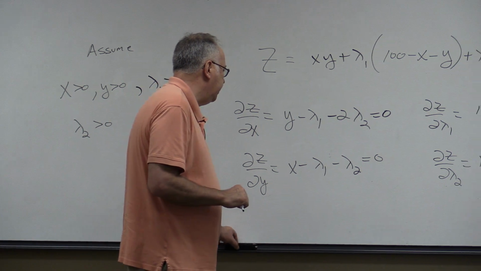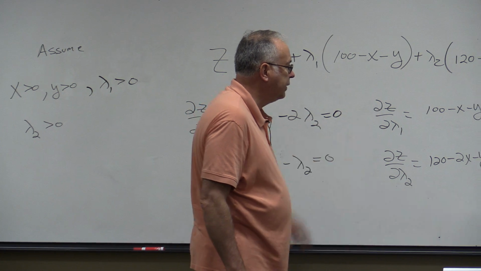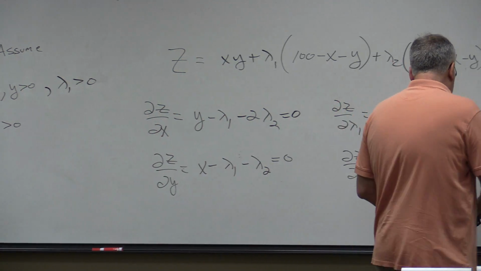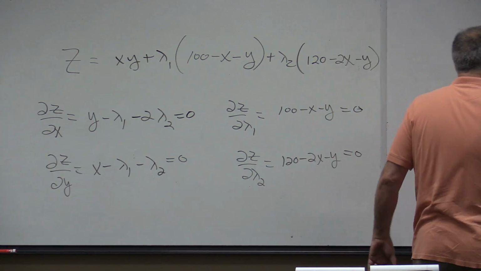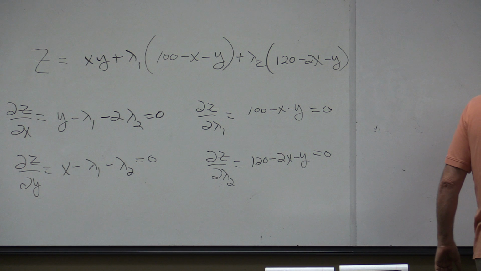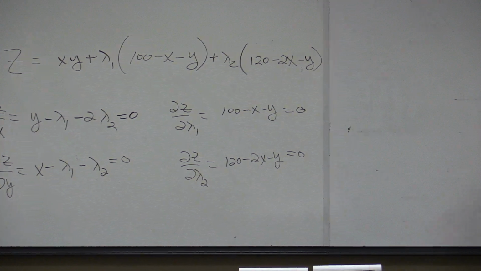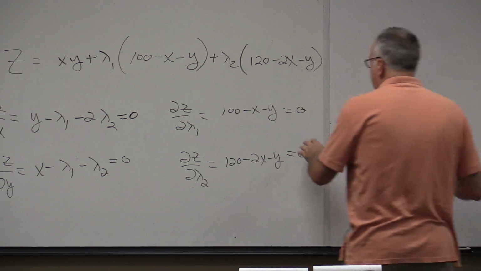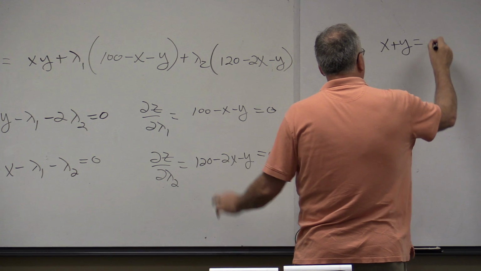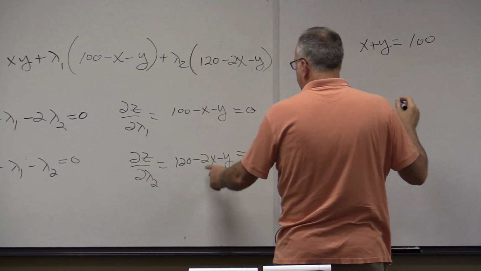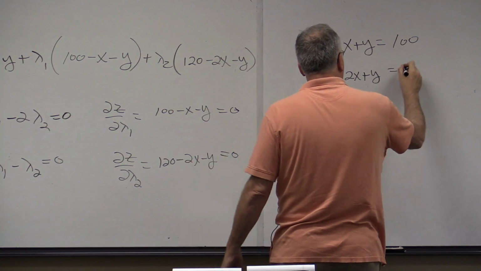From these two equations, notice you could solve for x and y. Let's just use Cramer's rule. We could rewrite this as x plus y equals 100, and this as 2x plus y equals 120.